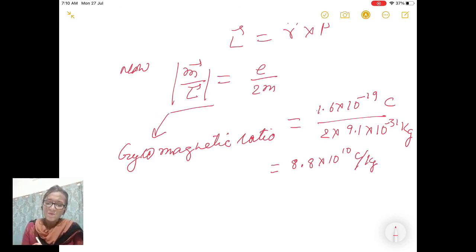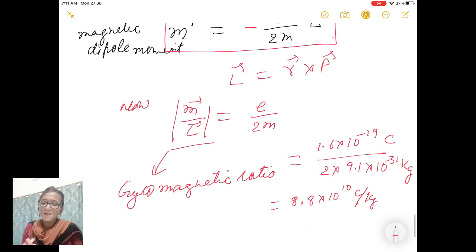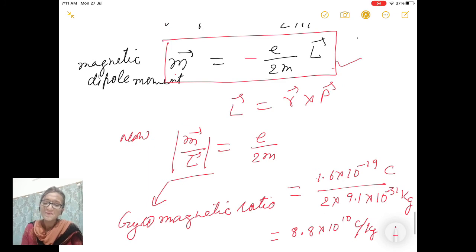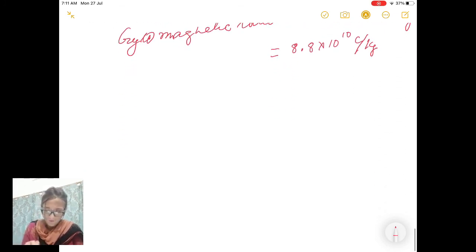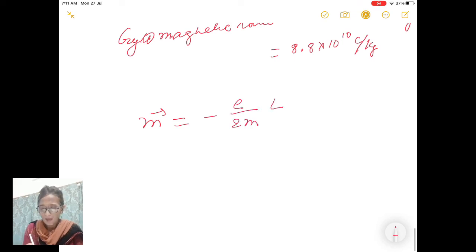Now, can we find the magnetic dipole moment exactly, exact in value, for an electron? If you use this equation for magnetic dipole moment, it is equal to minus e upon 2m angular momentum.